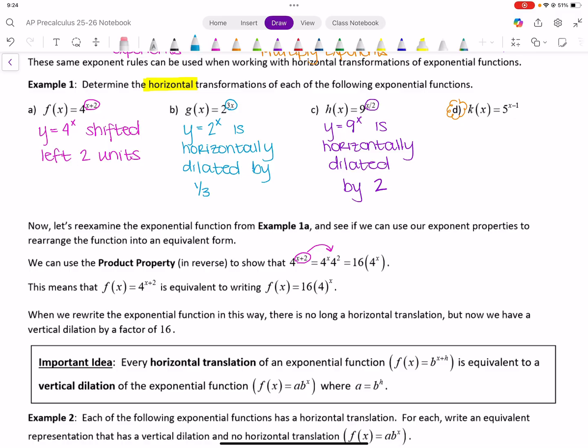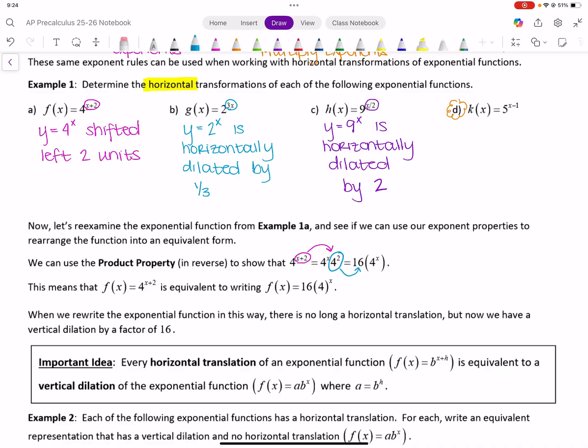And then we can simplify that 4 squared to give us 16, and then 4 to the x just remains. So that means that f of x equals 4 to the x plus 2 is equivalent or the same as f of x equals 16 times 4 to the x power.